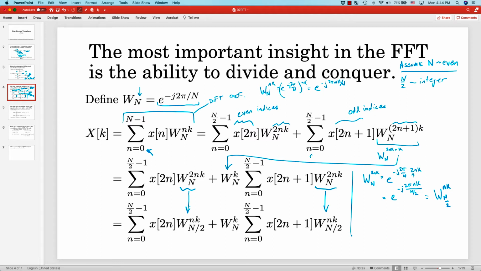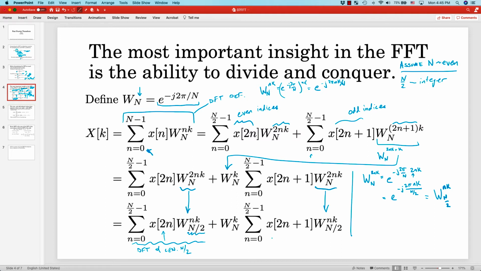So the benefit of doing this is that now I hope you see that this looks like a DFT of a shorter sequence. This looks like a DFT of length N over 2, right? Because if we're just looking at the even indices of x, there are only N over 2 of them, and the unity that we're looking at out here is of length N over 2.